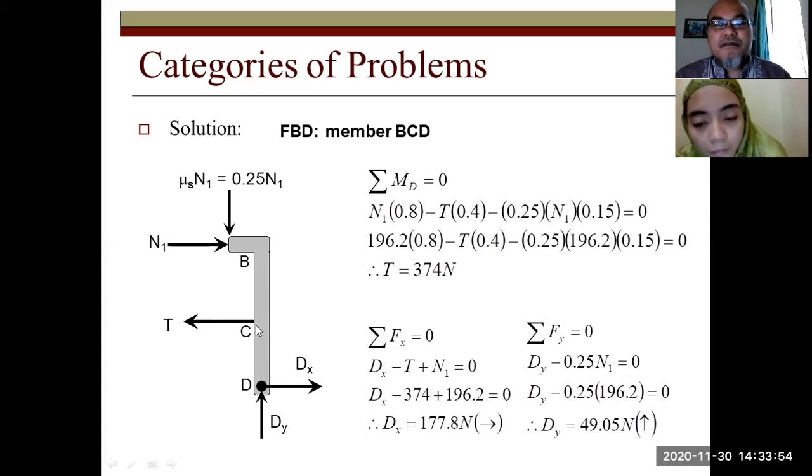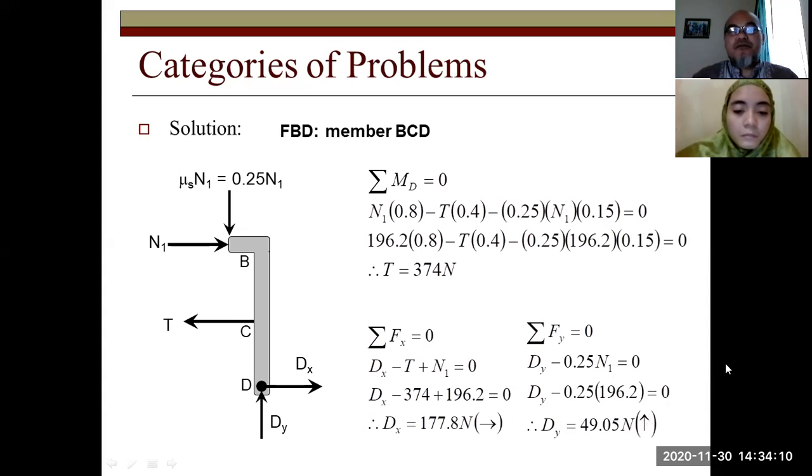Sigma Fy equals 0: Dy upward minus 0.25 times the N1 value. Then we obtain Dy equals 49.05 Newton. So we obtain both reaction forces, Dx and Dy.